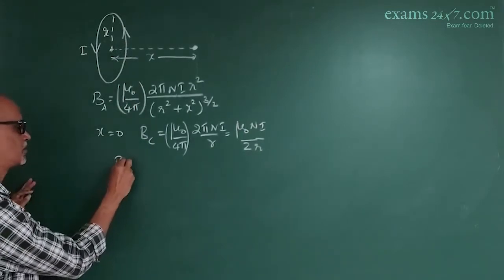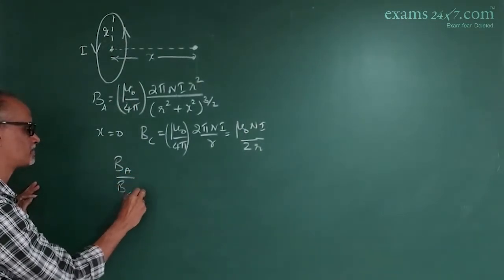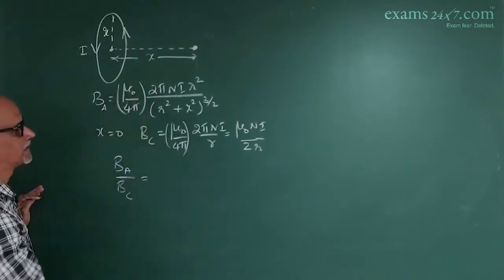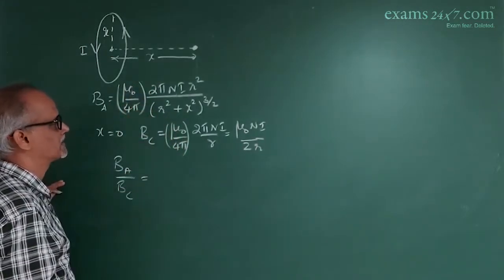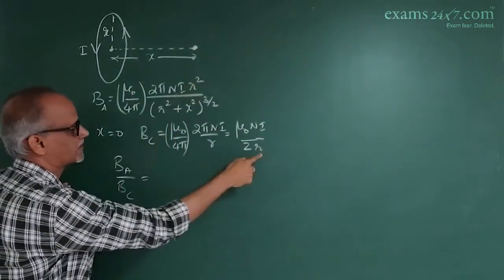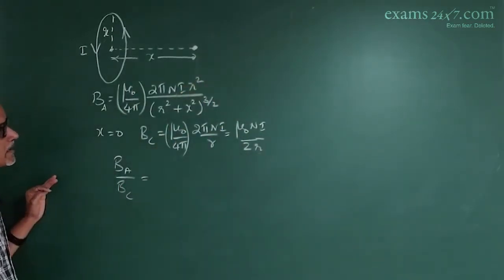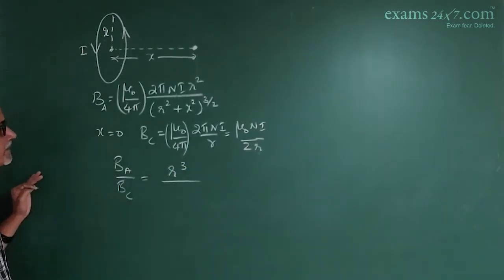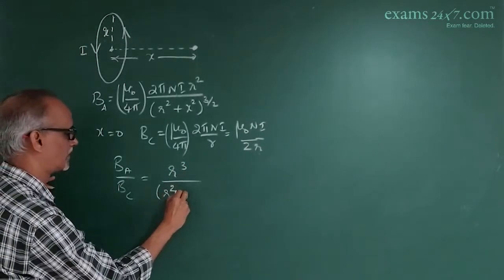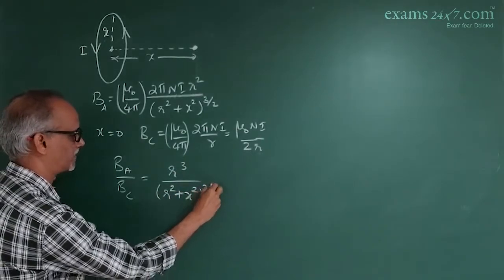So, we can write this ratio BA by BC. When you divide here, this mu naught by 4 pi and all that will get cancelled, and there is R square and this R is there, so that becomes R cube, then divided by R square plus X square to the power 3 by 2.